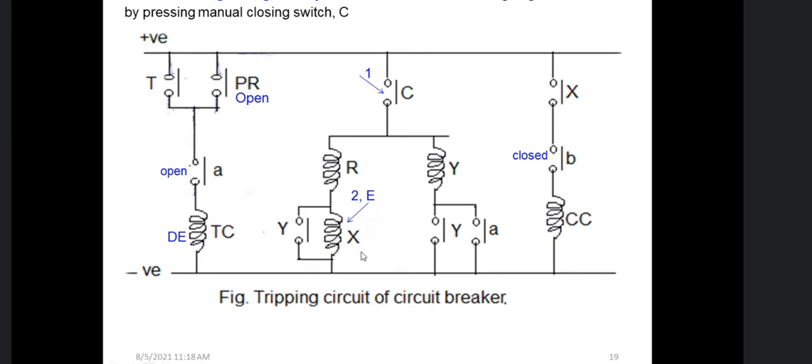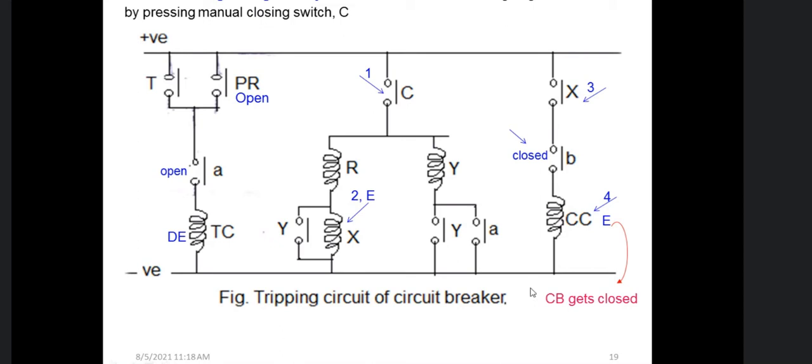If X is energized, obviously the X contact will be closed. If the X contact is closed and contact B is already closed, then the closing coil will get the positive voltage at its positive terminal. Then it will be energized.